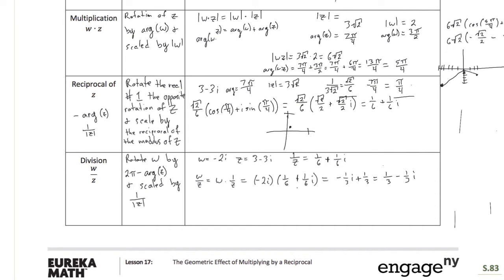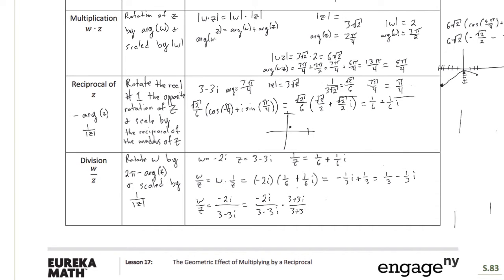But let's go ahead and do it the long way as well, just so we can see this. W over Z equals negative 2i over 3 minus 3i. In order to get that out of the fraction form, I'm going to multiply the top and the bottom by 3 plus 3i.